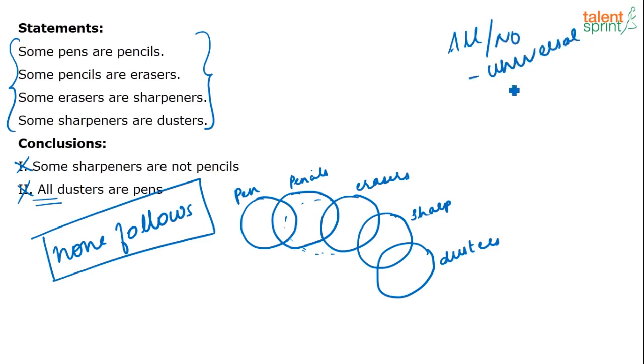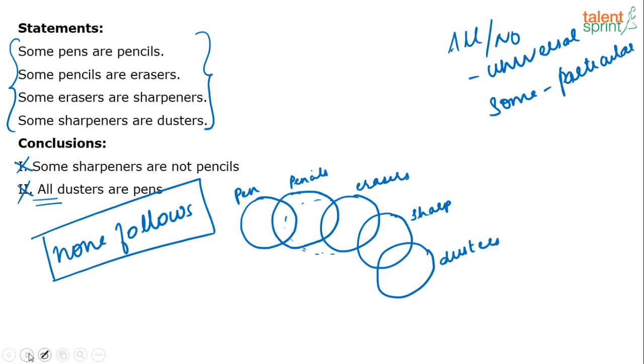And some and some not are called particular quantifiers, that is, they refer to a few out of all. So when you have only particular quantifiers, you cannot get a universal quantifier from them. By saying some pencils are pens, you cannot get all dusters are pens. That's what I am trying to say. So the answer would be none follows.